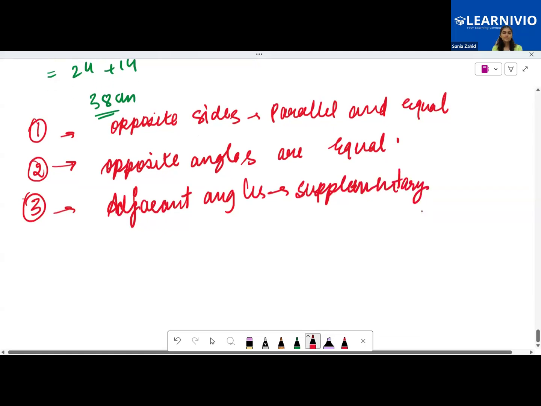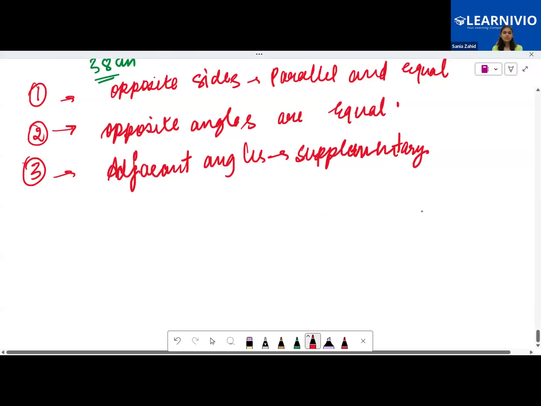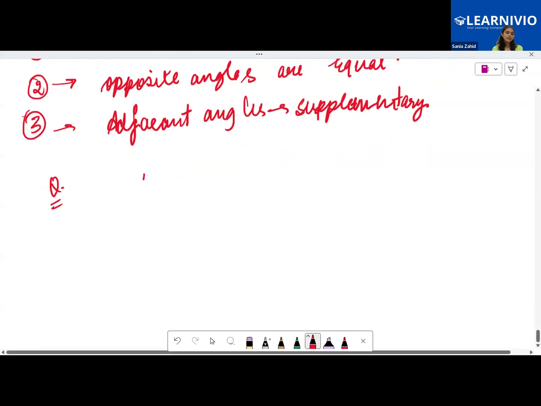Okay. So I'll give you this figure as a question and you have to find the value.